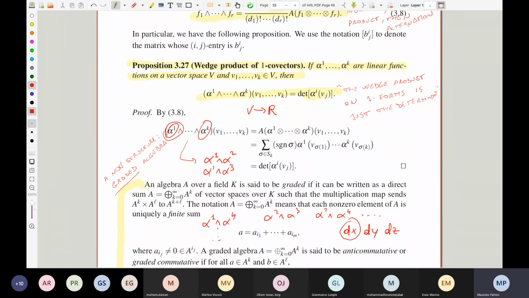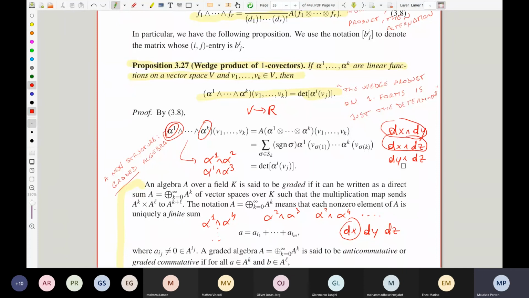This means in particular that differential 2-forms in R3 are generated by dx wedge dy, dx wedge dz, dy wedge dz. These are 2-forms. I don't know if you already used these symbols with the wedge. Have you ever met this symbol wedge?